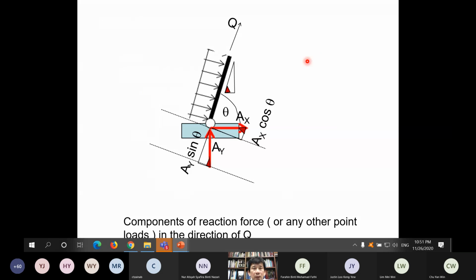So this gives you a guideline on how to get the components of forces in the direction of shear and in the direction of Q, when we want to calculate the axial force and the shear force in the member.